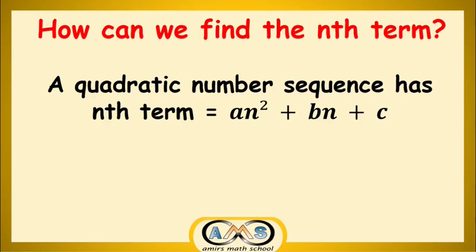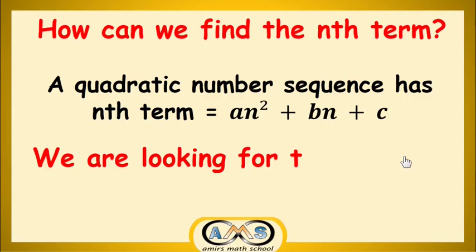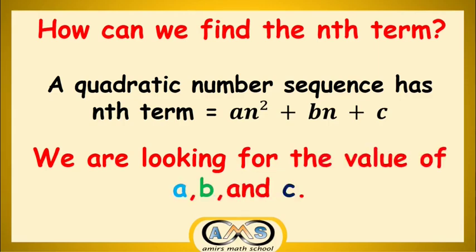That is, for every quadratic sequence, the nth term looks like this: an squared plus bn plus c. We are looking for the values of a, b and c. If we get the values of a, b and c, after substituting them we can easily get the general term or nth term of that quadratic sequence.